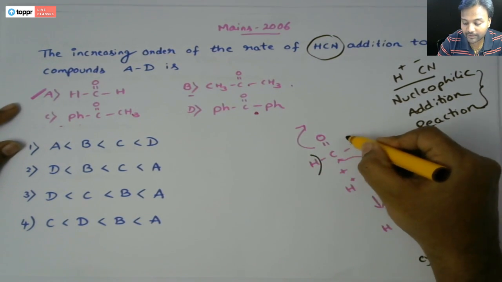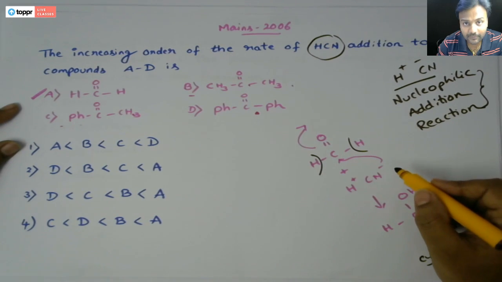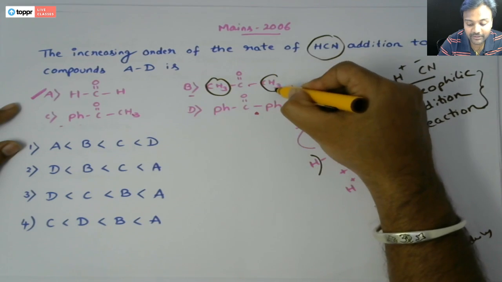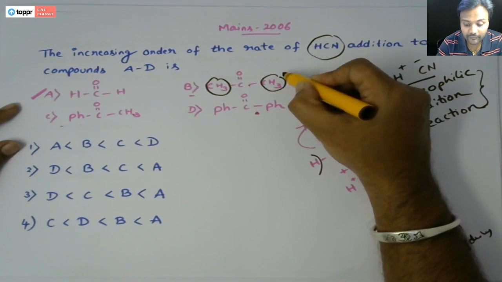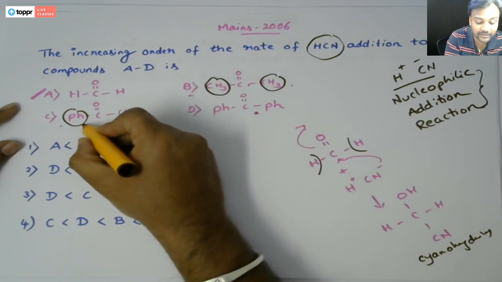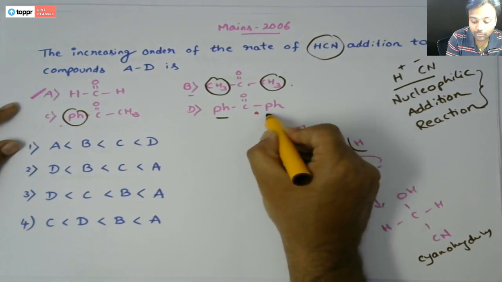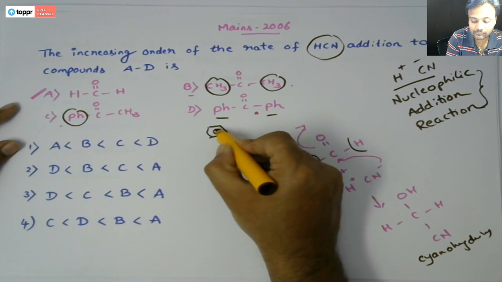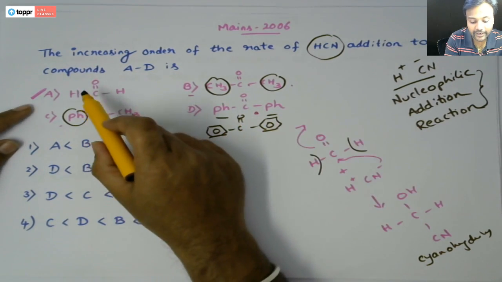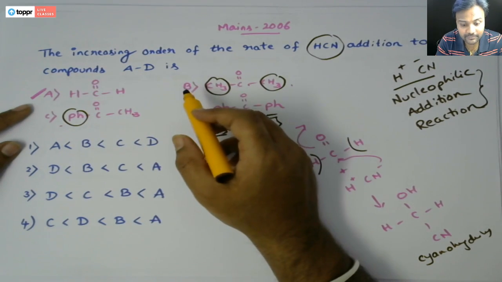You have just hydrogens over here, right? Just the hydrogens, but in this case you have both the methyl groups, which is sterically not favorable. But in this case you have one bulky group, that is phenyl. In this case both are phenyls, like this. So A undergoes faster, you can see.